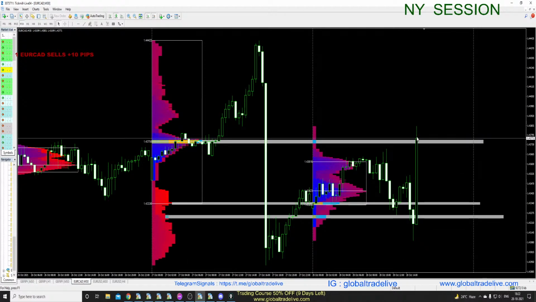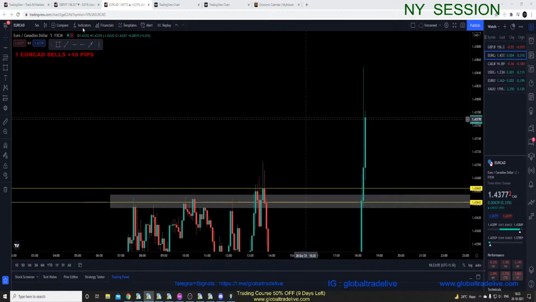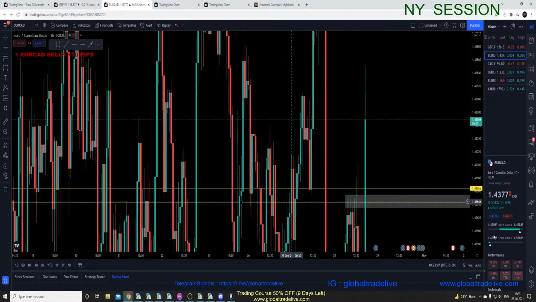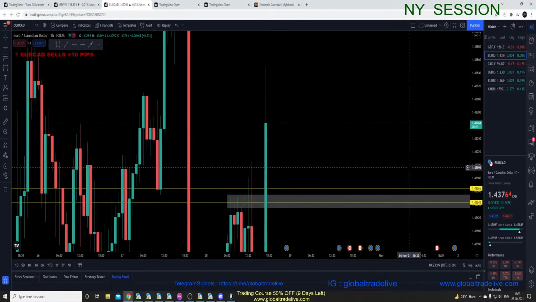This candle is about to close up above this area, so we can expect the next candle to continue moving up. I'll go back to, okay, one hour will be also closing over here.